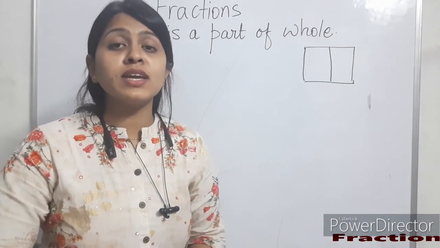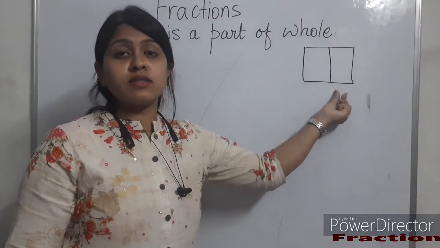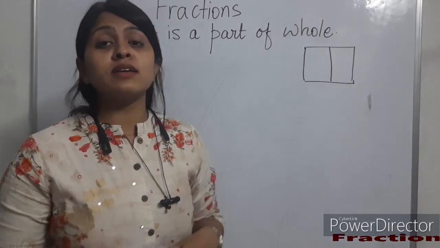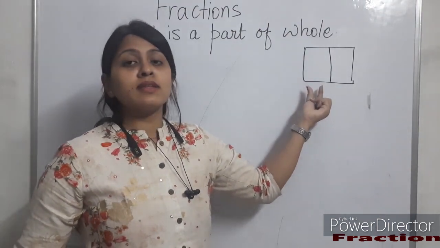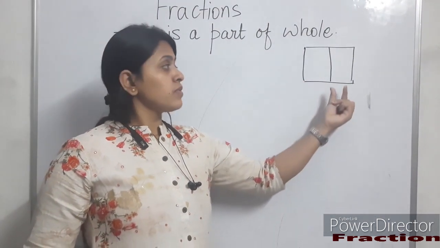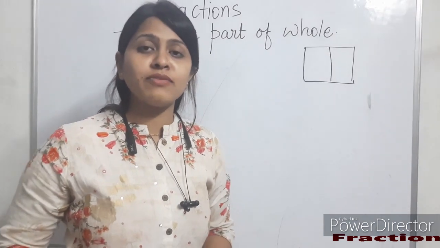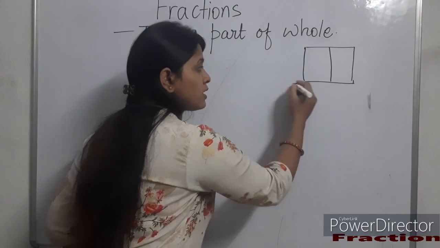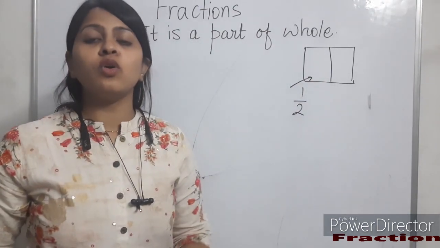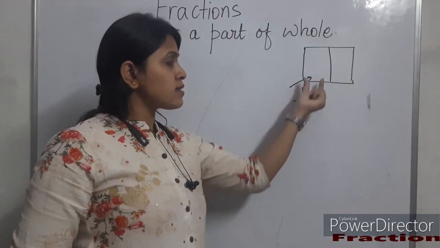Now the question is how we can represent these figures using numbers. The first figure we can say is half of the square, and this is also half of the square. This part is 1/2 of the whole, meaning of the square, this is the half part.